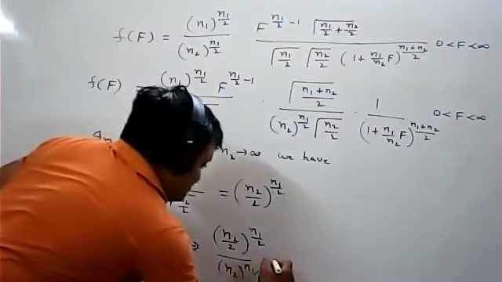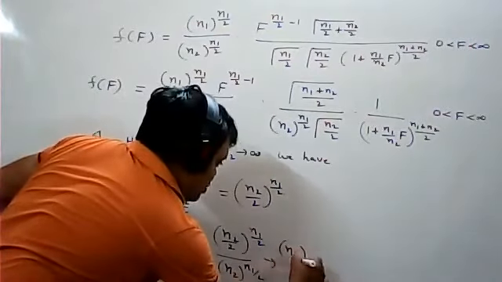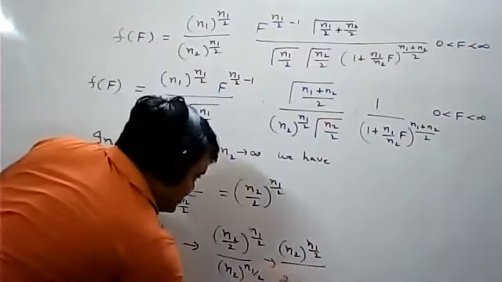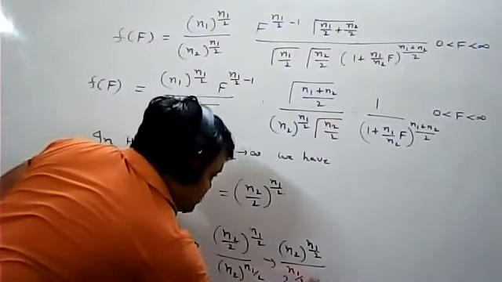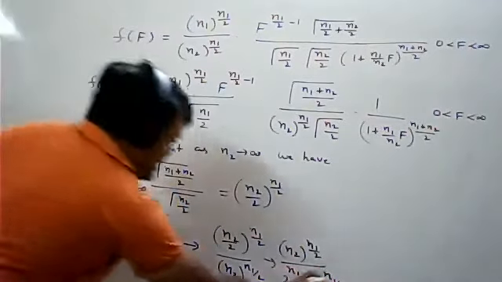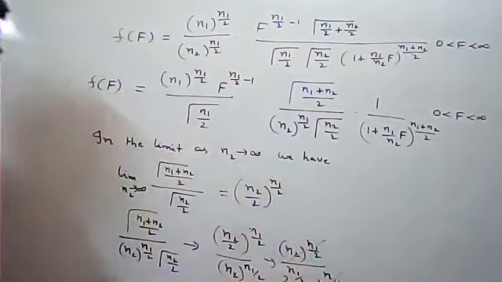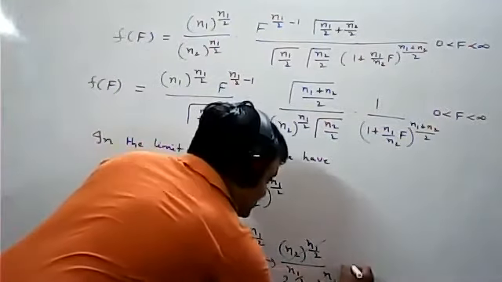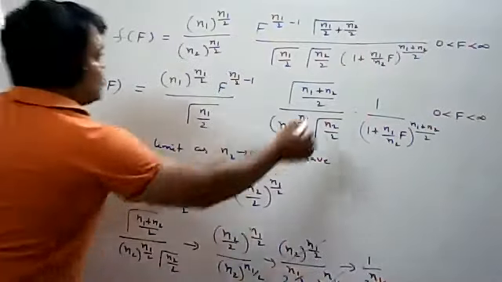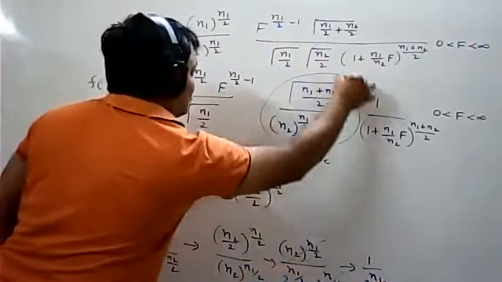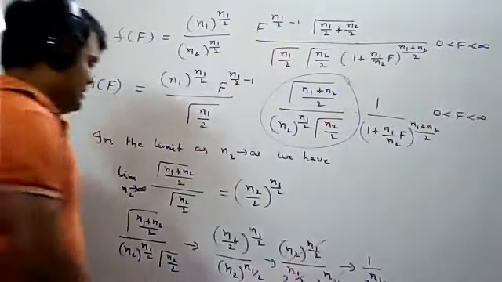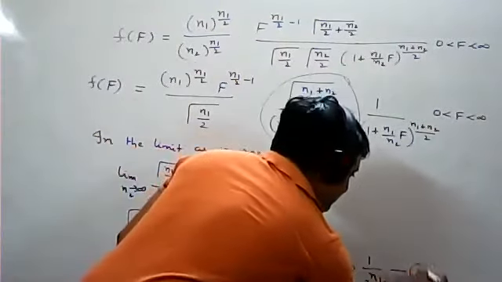This implies n2 whole power n1 by 2 divided by 2 power n1 by 2 into n2 whole power n1 by 2. So n2 whole power n1 by 2 will cancel. The simplified term you are getting is 1 by 2 to the power of n1 by 2. This total term value is 1 by 2 to the power of n1 by 2. This I will assume as equation number 1.